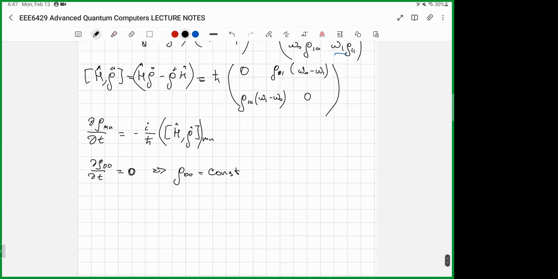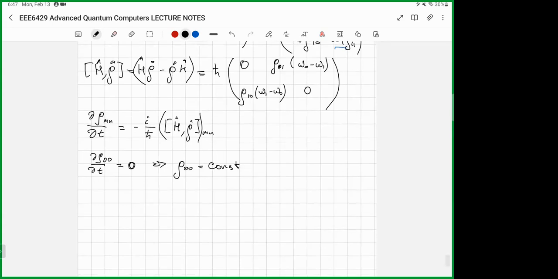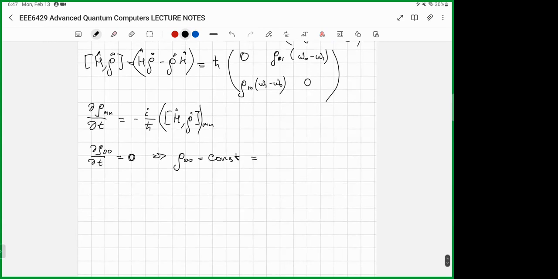It doesn't change in time, so the time derivative is equal to 0. And I remind you that rho 0 0 is actually the modulus of C0 squared, which is the probability of finding the system in state 0.